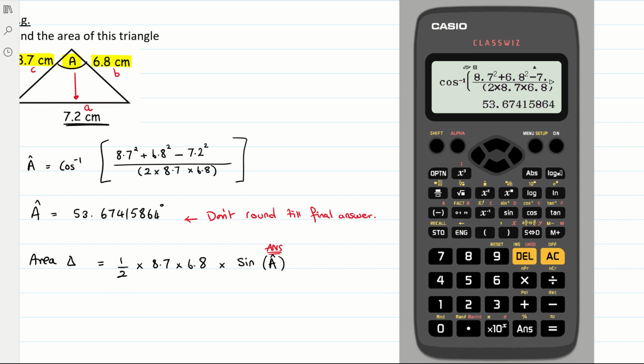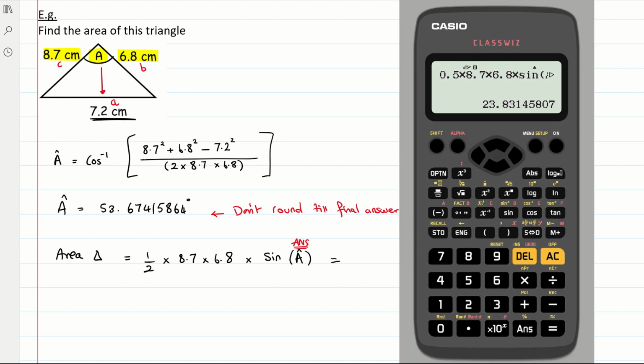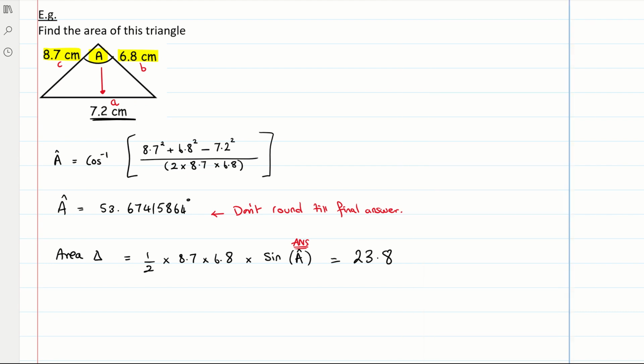Okay, so I would start by typing 0.5 times 8.7 times 6.8 times sine answer, equals 23.8. So yeah, 23.8 centimeters squared to 1 decimal place, or 3 significant figures.